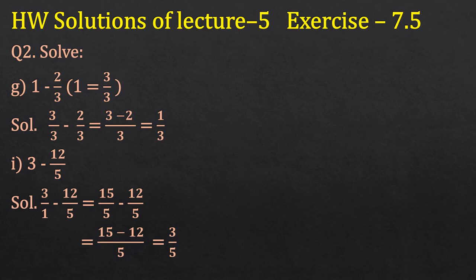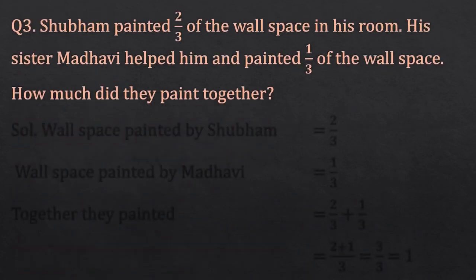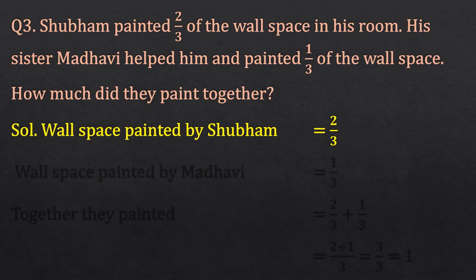See now question number 3. Shubham painted 2 by 3 of the wall space in his room. His sister Madhvi helped him and painted 1 by 3 of the wall space. How much did they paint together?